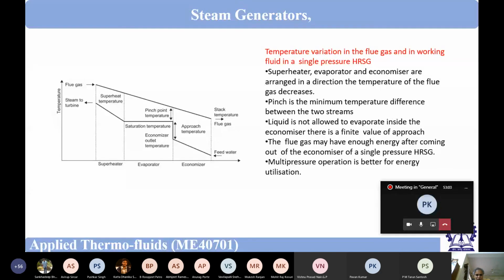A small mass of liquid goes there at a temperature below saturation, and we assume that instantaneously that liquid will achieve the saturation temperature. Is my point clear? Yes, sir.